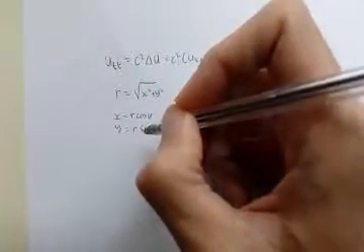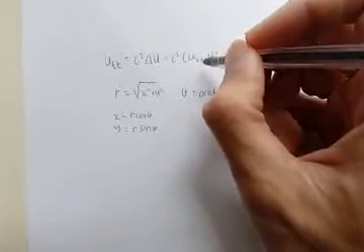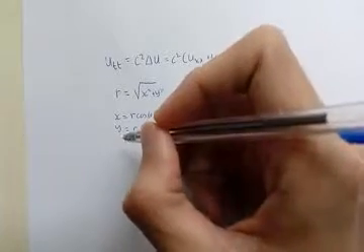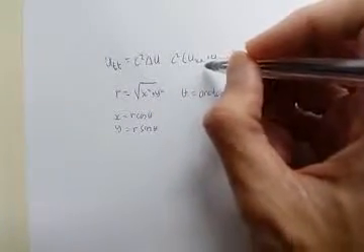Now we want to transform this term into polar coordinates, so we need to find the second derivative of u with respect to x and with respect to y.